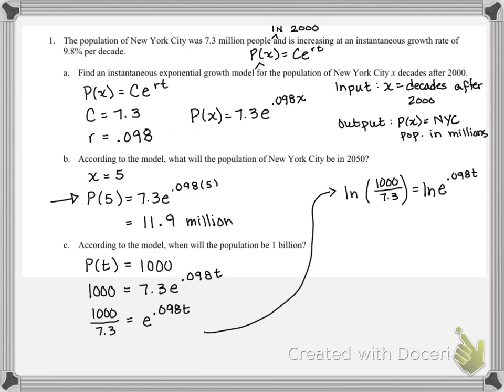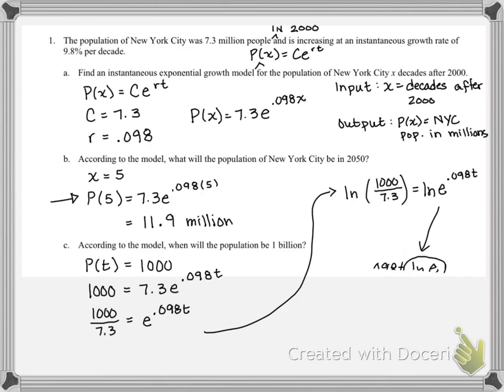Another way you can think of that is that this is 0.098 t times the natural log of e, if you brought down that exponent. And the natural log of e is just 1, because 1 is the exponent you would raise e to get e.